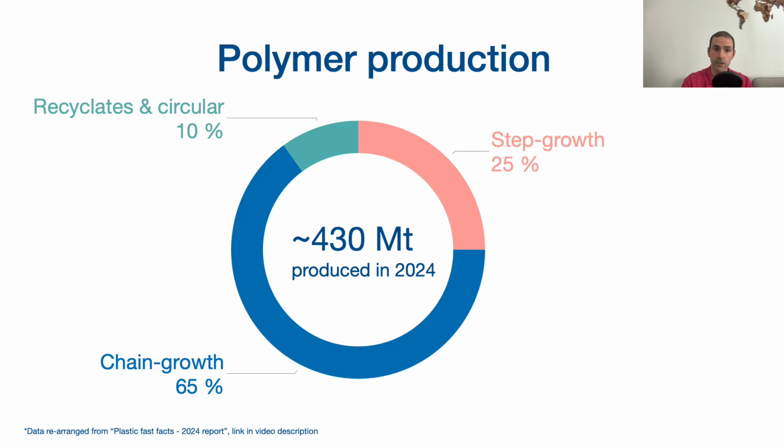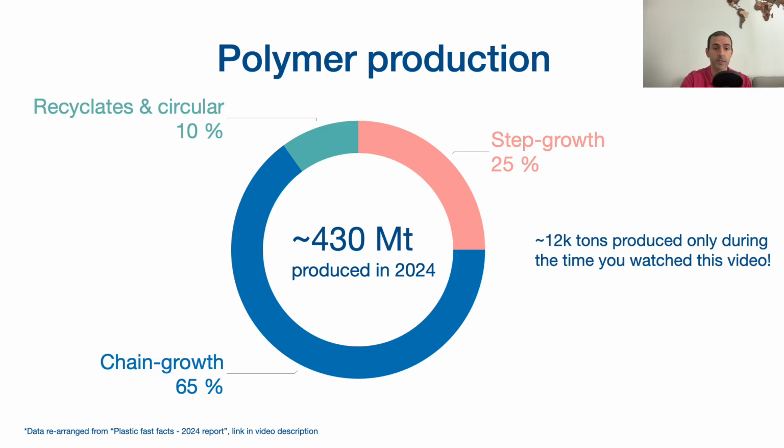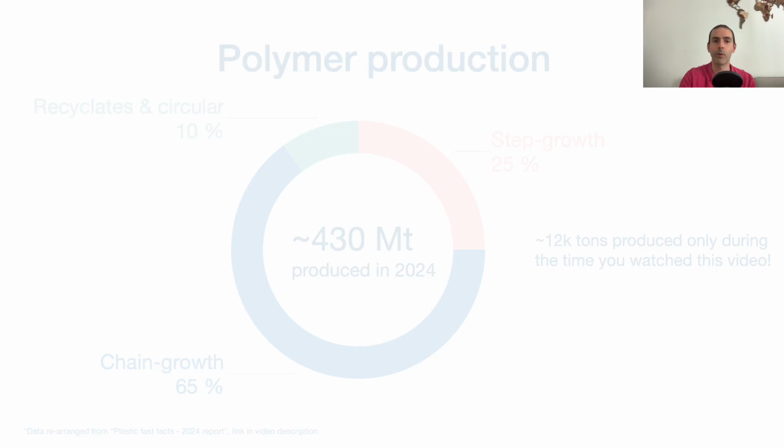Now, among the chain growth mechanisms, as said, coordination polymerization dominates, accounting for roughly 40% of all polymer production, and radical polymerization accounts for another 20%. And again, 12,000 tons. Crazy, right? Anyway, let's move on to our recap.